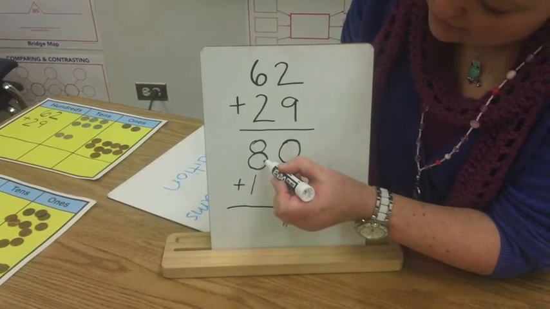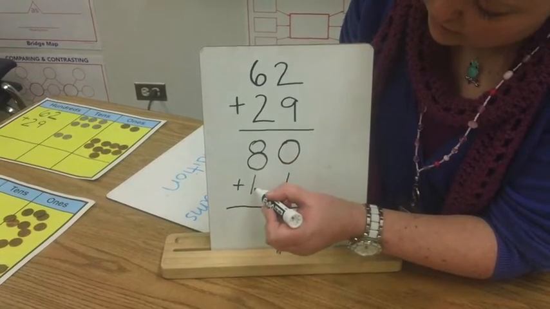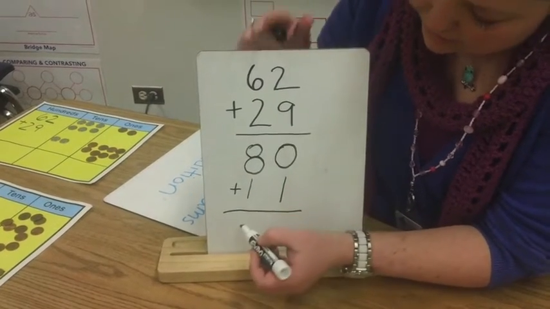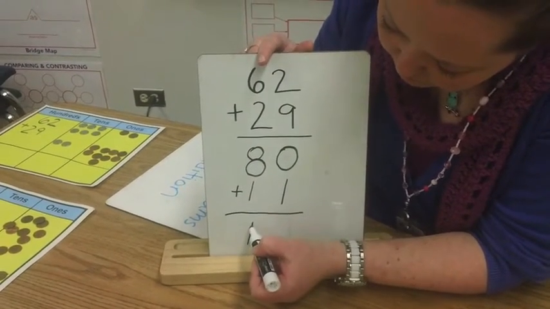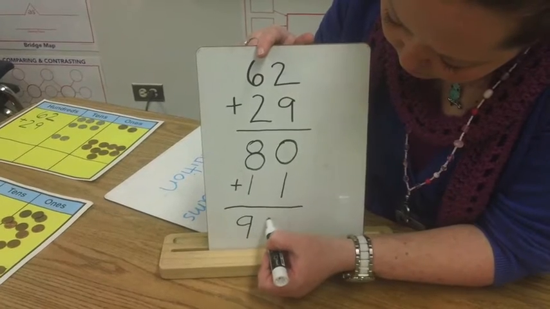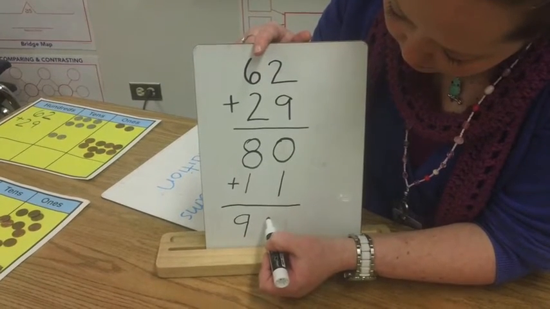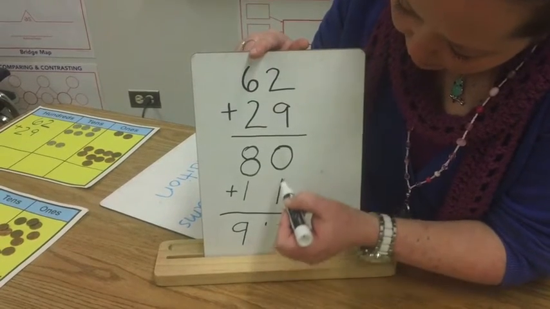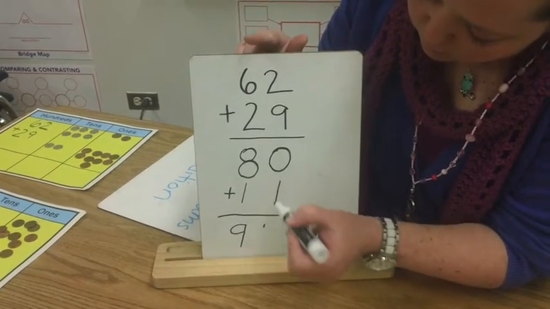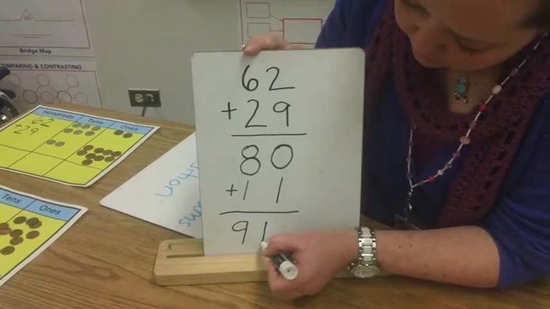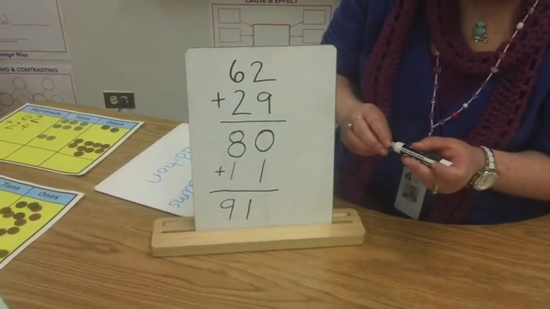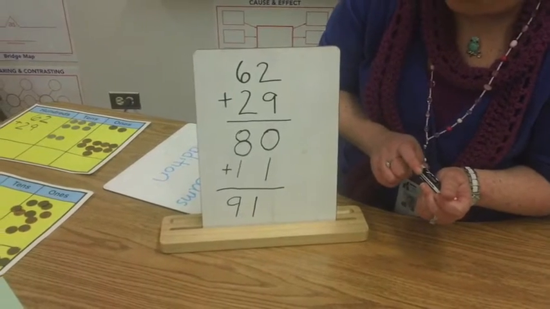I have 8 tens and 1 ten. 80 plus 10 is 90. And then I have 0 plus 1 is 1 for 91. That is my total. And that is how I solve partial sums.